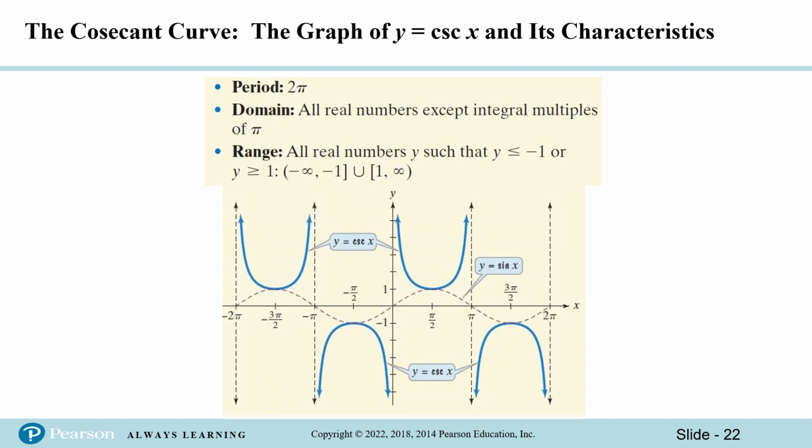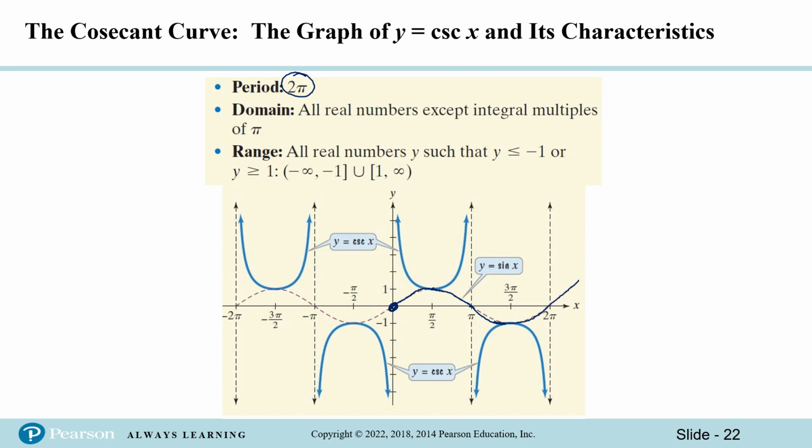Because it's the reciprocal of the sine and the cosine, the period is going to be 2 pi, just like the sine and the cosine. Here is my sine function, right?